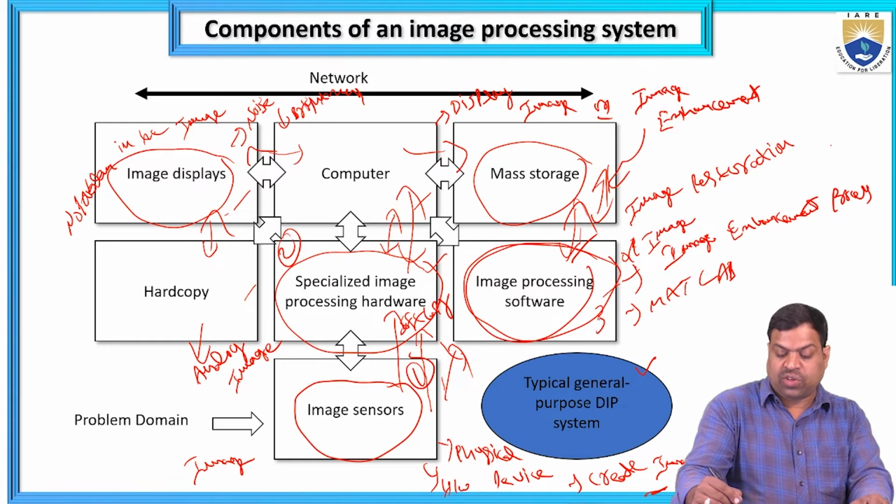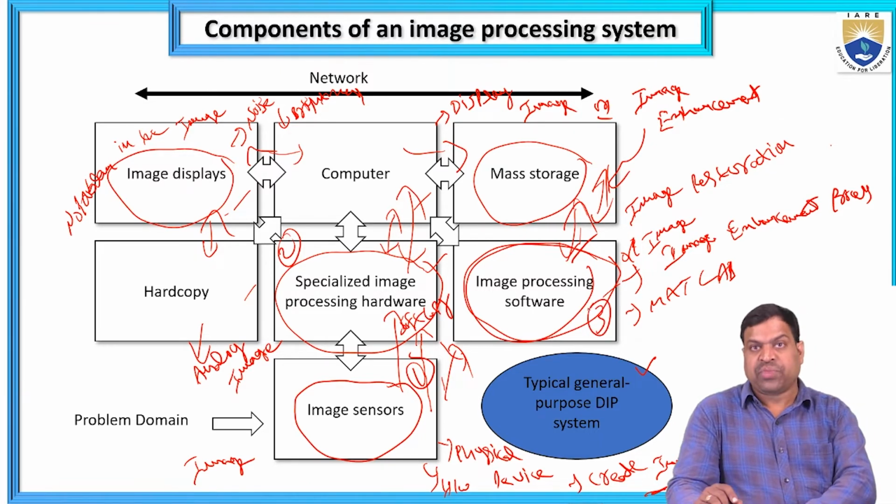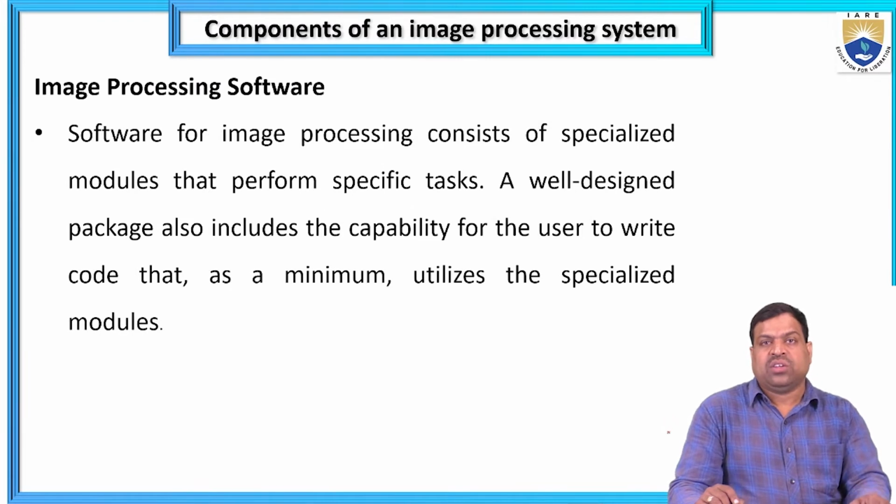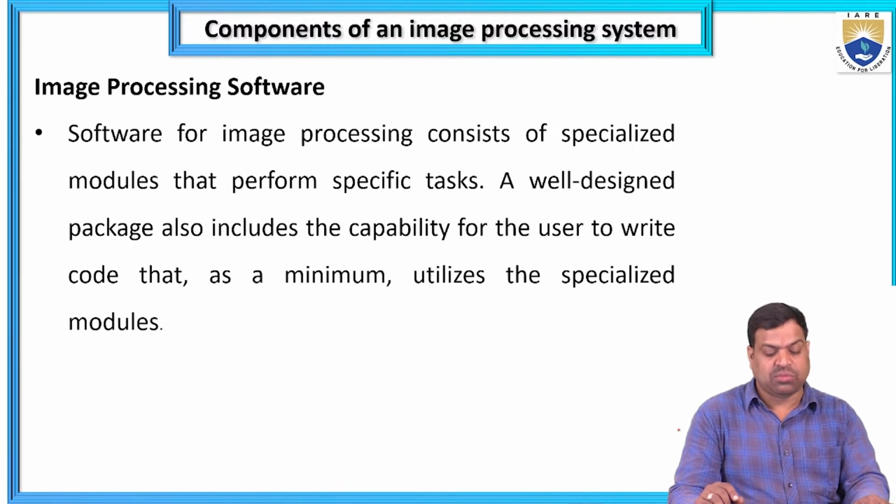It is the third one we are discussing, image processing software. Software for image processing consists of specialized modules that perform specific tasks. A well-designed package also includes the capability for the user to write code that, as a minimum, utilizes the specialized modules.